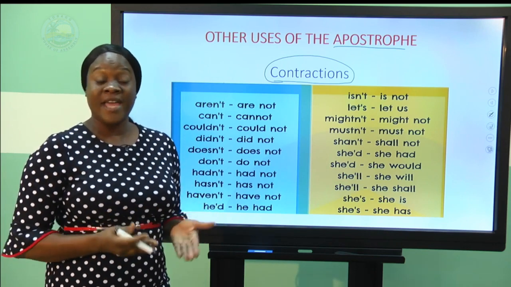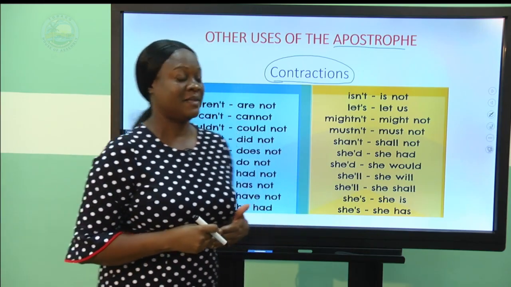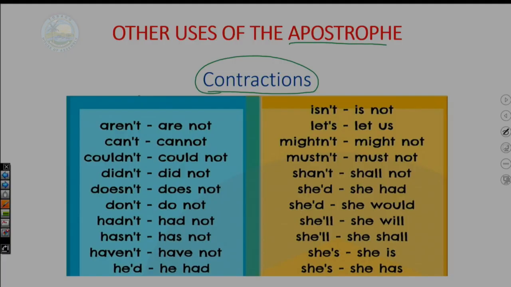And where in contractions do we use these apostrophe marks? They are used to shorten words, and they are placed where the letters have been omitted. There are quite a number of examples on your screen. So take a look at them before we move on to our next adventure.